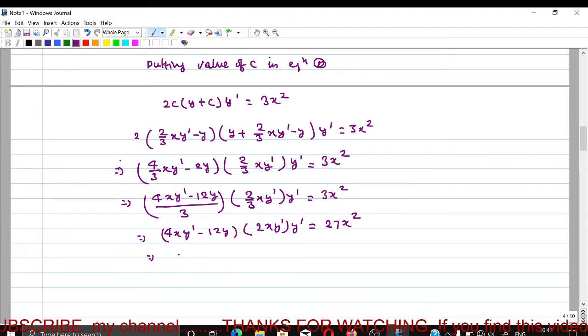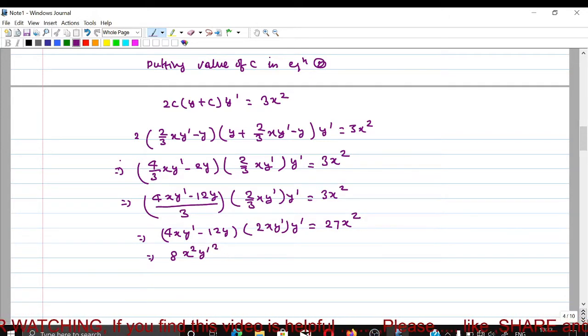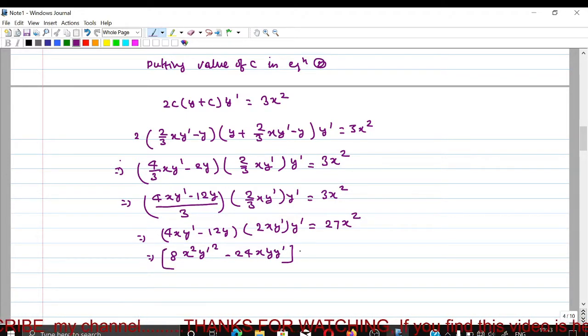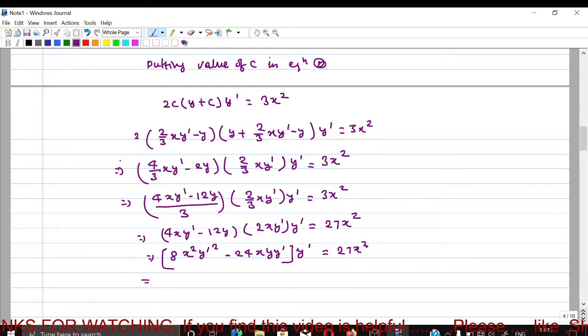Just multiply: 8x square y dash square minus 24xy y dash equal to 27x square. Take x common.